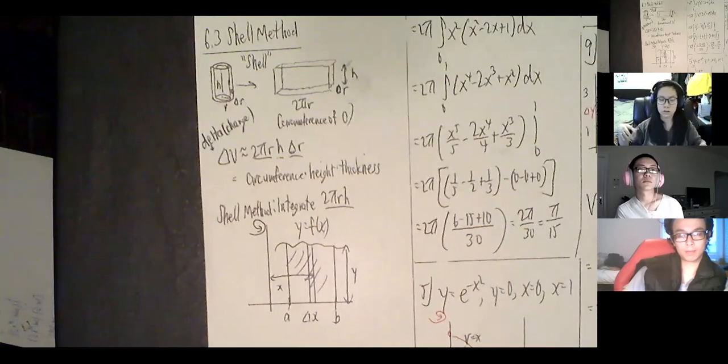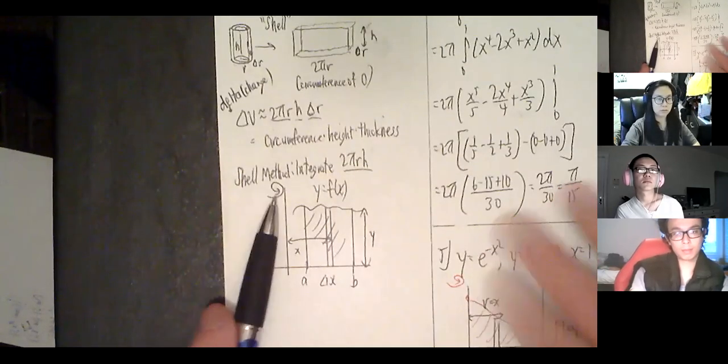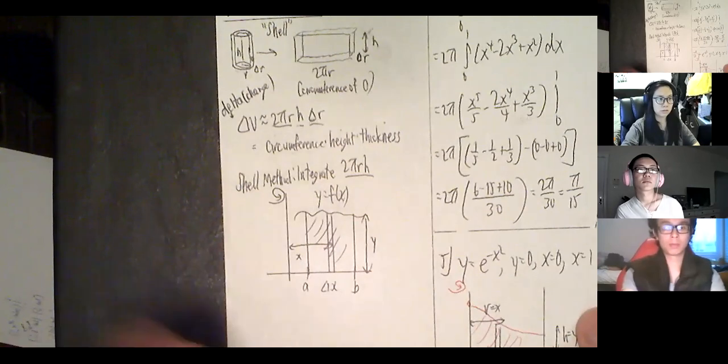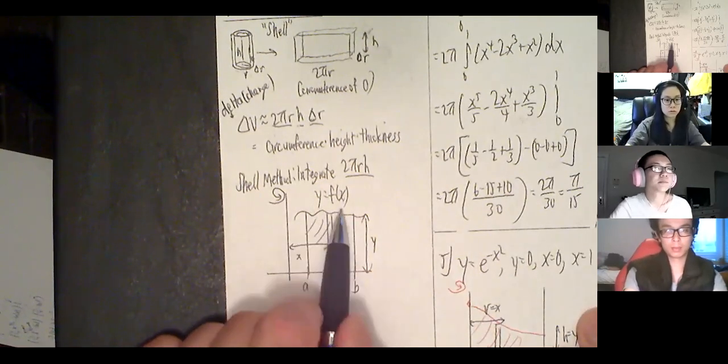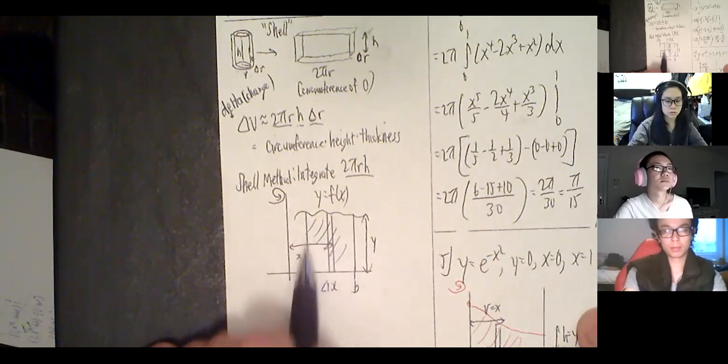Circumference times the height times the thickness. All right, now let's look at this theoretical picture. I have a function y equals f of x between a and b.